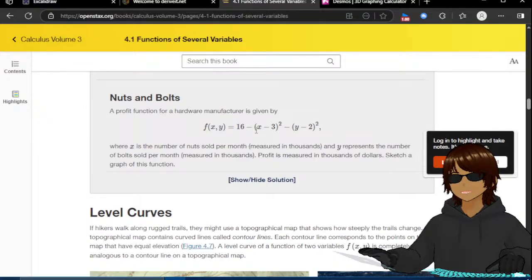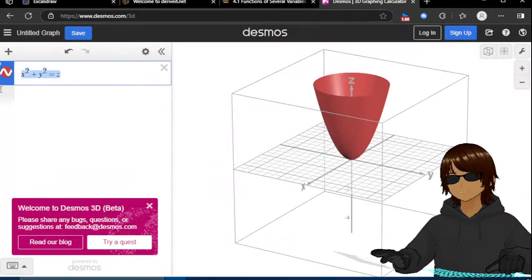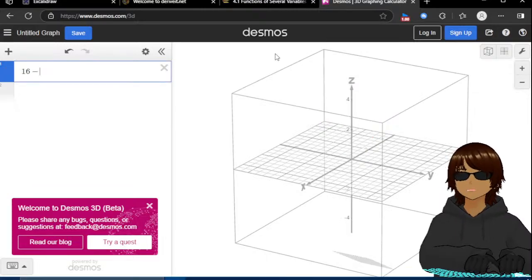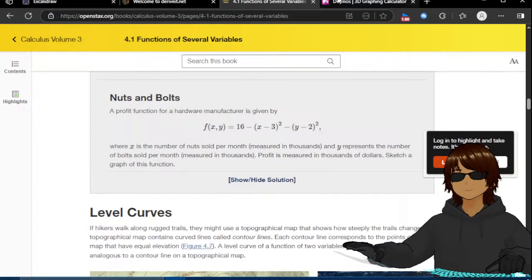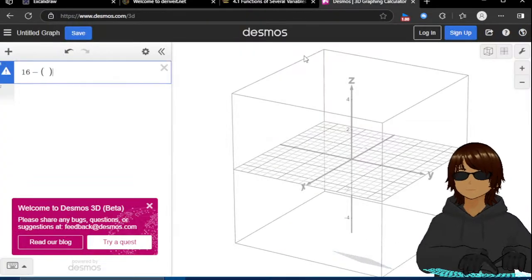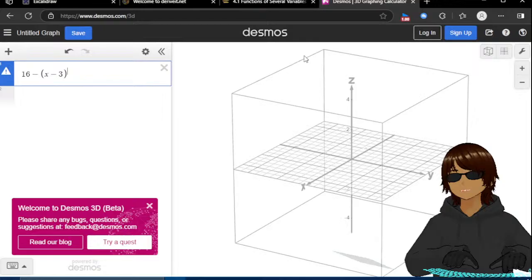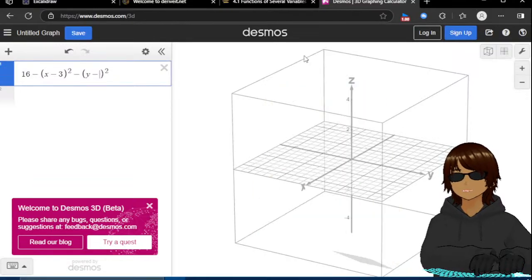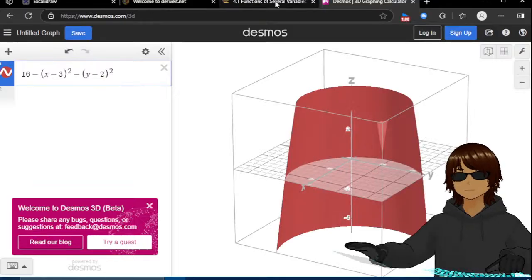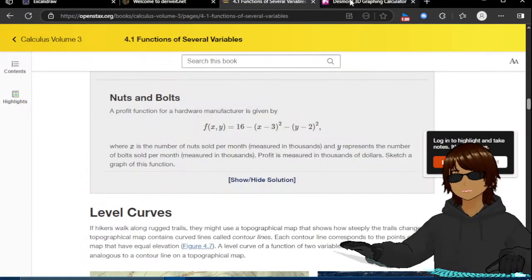So 16 minus x minus 3 squared, minus y minus 2 squared. Would it be like a sphere? 16 minus x minus 3 squared minus y minus 2 squared.